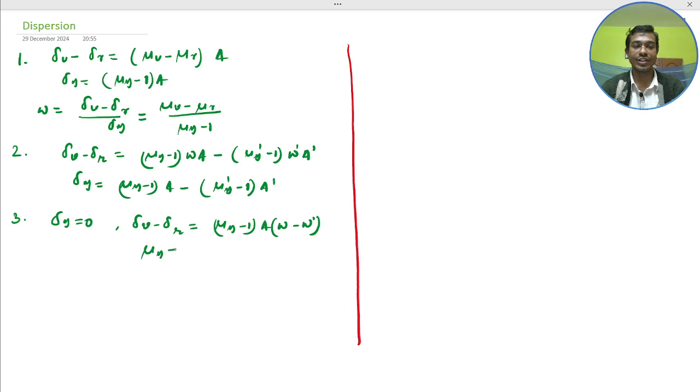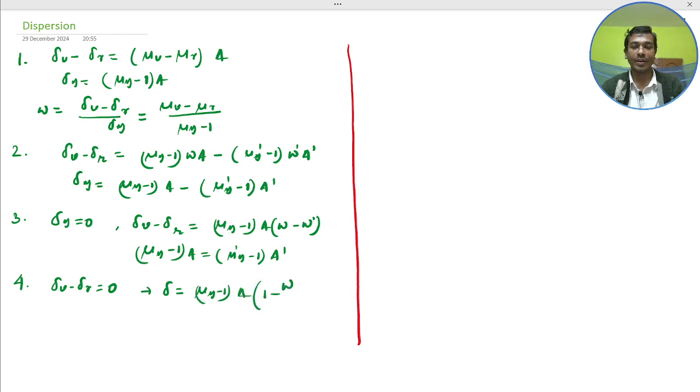Basically here the condition is (mu Y minus 1) into A equal to (mu dash Y minus 1) into A dash. Now, deviation without dispersion: here delta violet minus delta red would be 0. So here the delta would be (mu Y minus 1) into A (1 minus omega by omega dash).